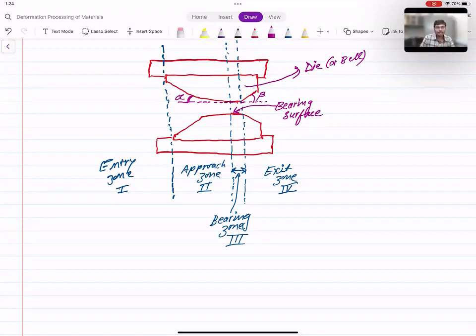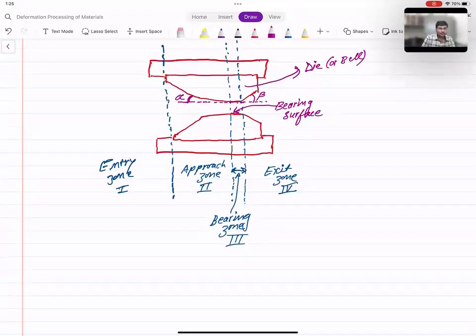Okay, and after that there is a relief angle or clearance angle, that is, this tapered section of the die towards the exit zone, also known as the back relief. It allows slight expansion of the metal, so that when there is a stoppage in the drawing process, there is no damage to the drawn wire.